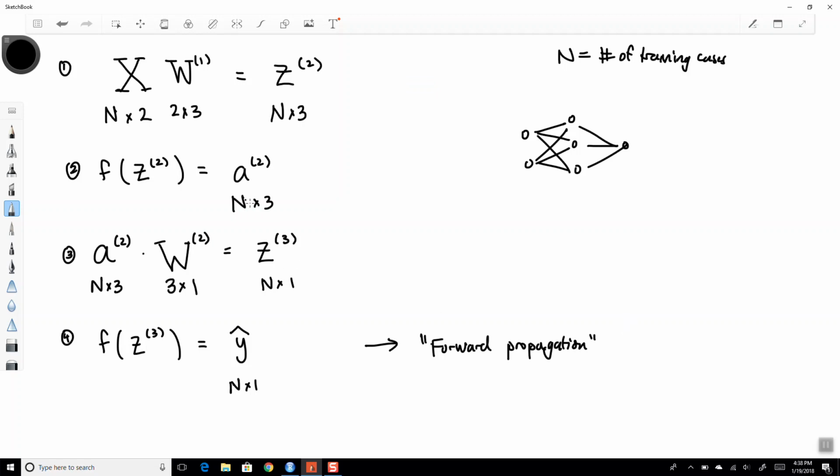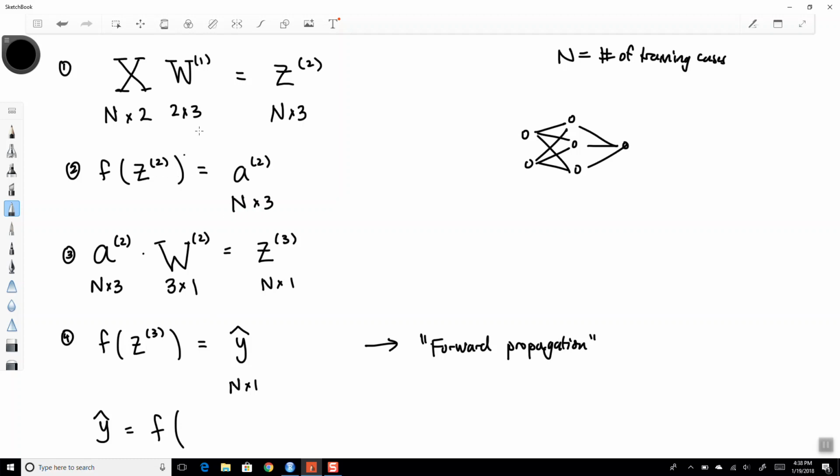But technically, we could just write this all as one function, right? We could just say y hat is equal to the function applied to Z3, but what is Z3? Z3 is A2 times W2.